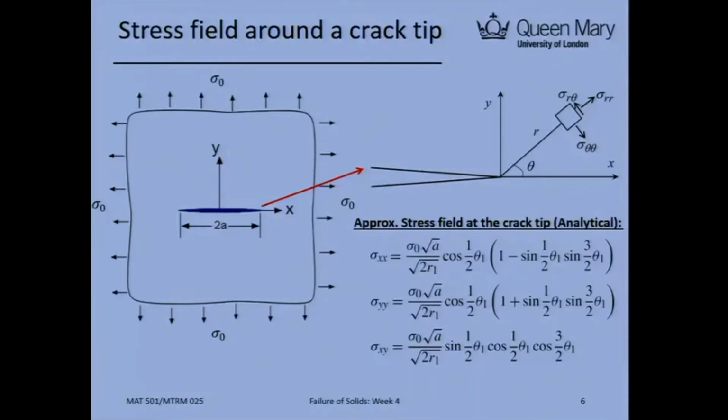Sigma xx, which relates to this angle theta, and also to the crack length A, and R1 is the distance here. Just forget the one term here, it's just an equation I copied from the book.